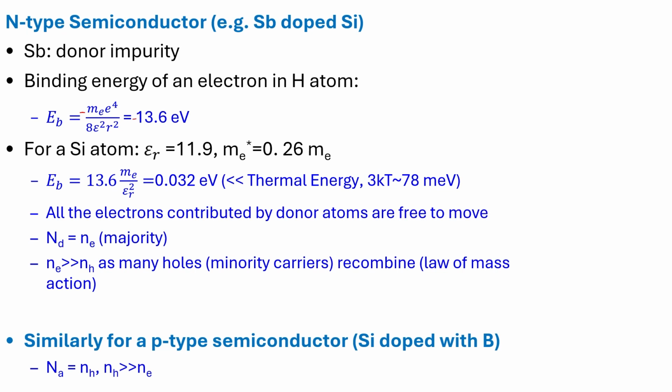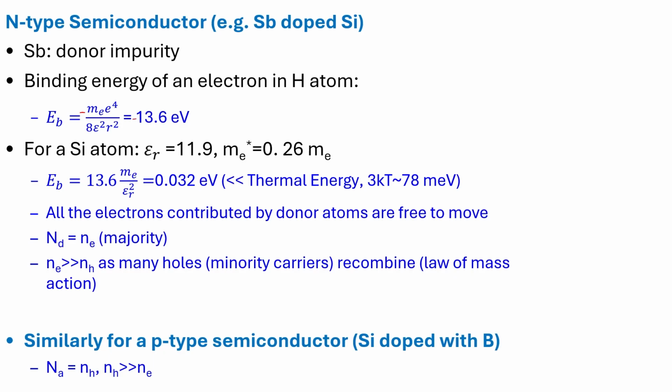Now for a silicon atom, we understand that epsilon r is 11.9 and me star is 0.26 times the free mass of electron. Then we can calculate this binding energy for silicon as being 0.032 electron volt, which we can overcome using thermal energy.